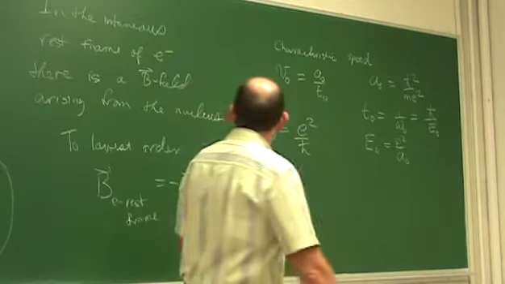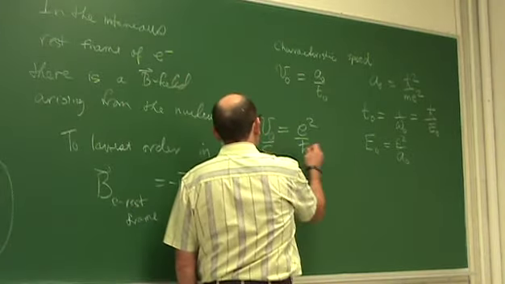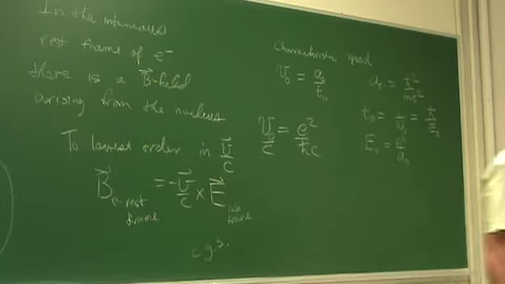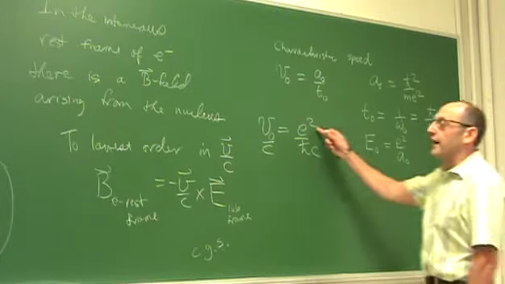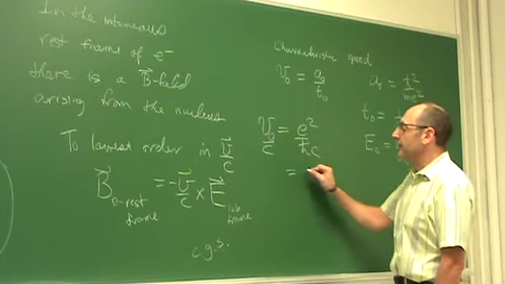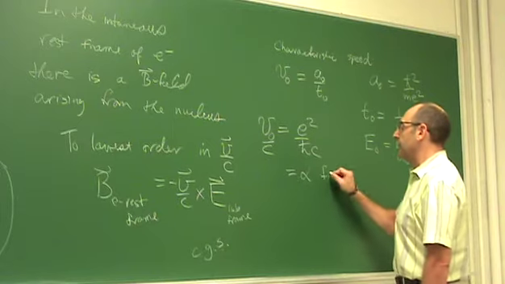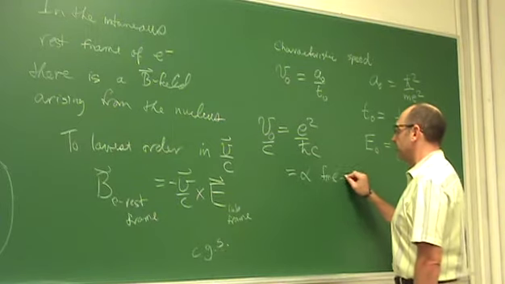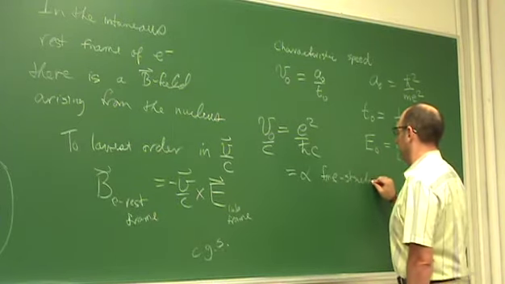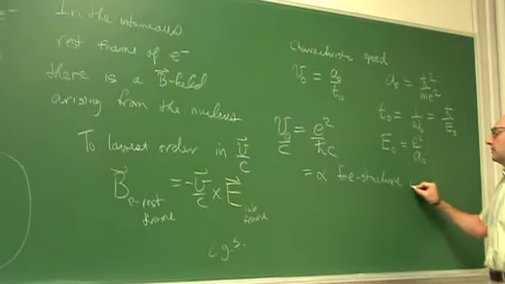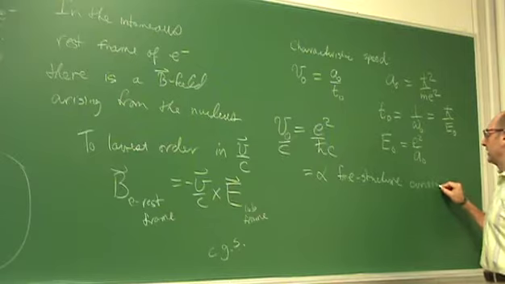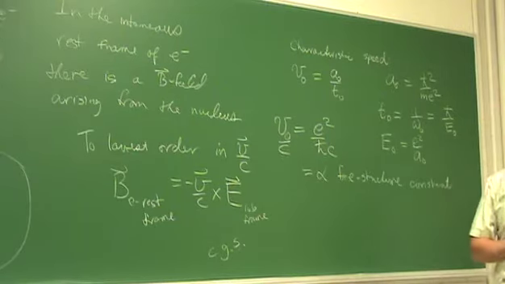So, what is the ratio of the characteristic speed to the speed of light? It is the ratio e squared over h bar c, the famous constant alpha, which we call the fine structure constant because it appears in the fine structure of hydrogen. But it's a fundamental unit of electrodynamics.